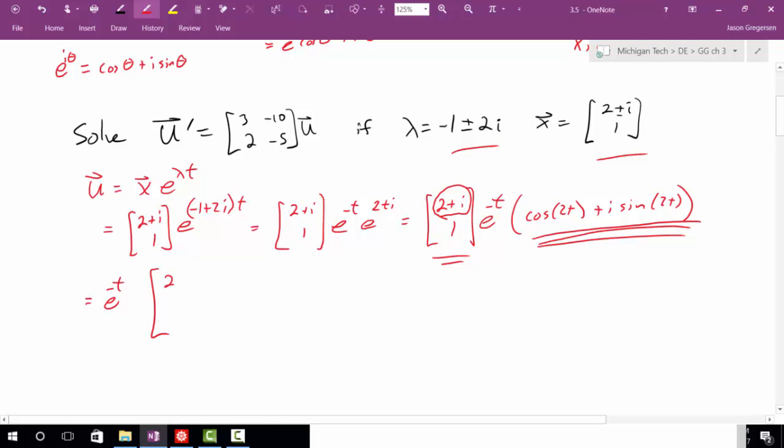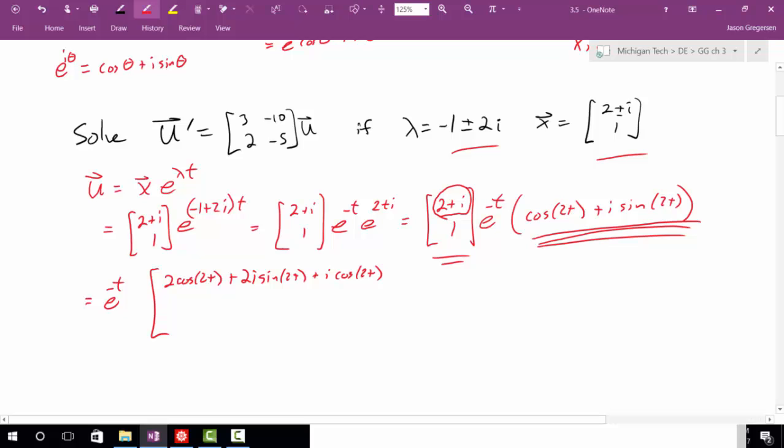So I'm going to take 2 times the cosine of 2t plus 2 times i sine of 2t, plus i times cosine of 2t, plus i times i sine of 2t. But what is i times i?